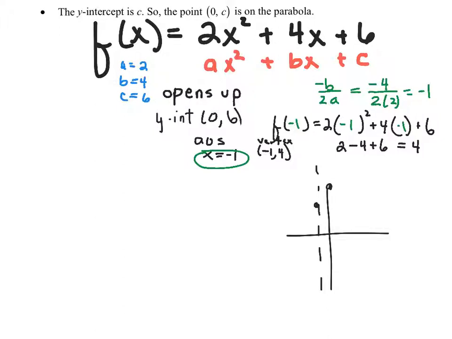And because the axis of symmetry is a place where it identifies a mirror image, we know that exactly the same distance from the axis of symmetry to this point is going to be on this side. So since that's only one, we know that we have another point over here that's going to be at negative 2, 6. And so now you can see that we can easily start forming our graph of that parabola.